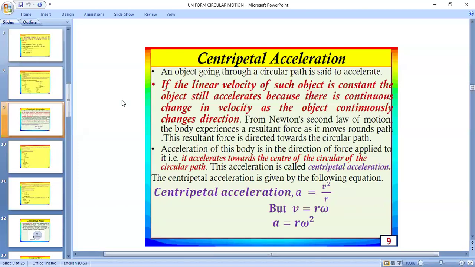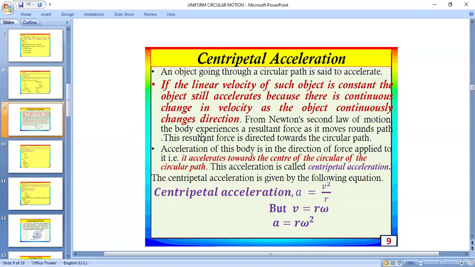So if you're asked to define, just say that this is the rate of change of angular velocity. That's the simple way of defining centripetal acceleration a. Rate of change of angular velocity.